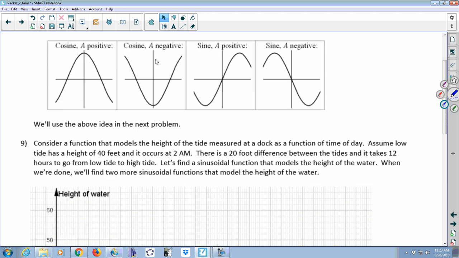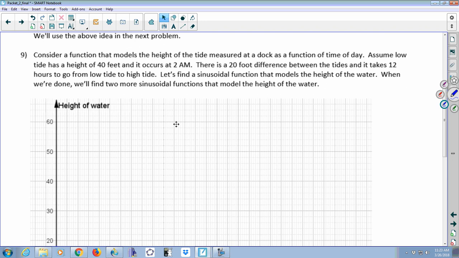So let's talk about this in this next problem. So want to read this for me? I'm kind of tired of hearing my own voice. Nicholas, want to read that for us? You can say pass if you're not comfortable.